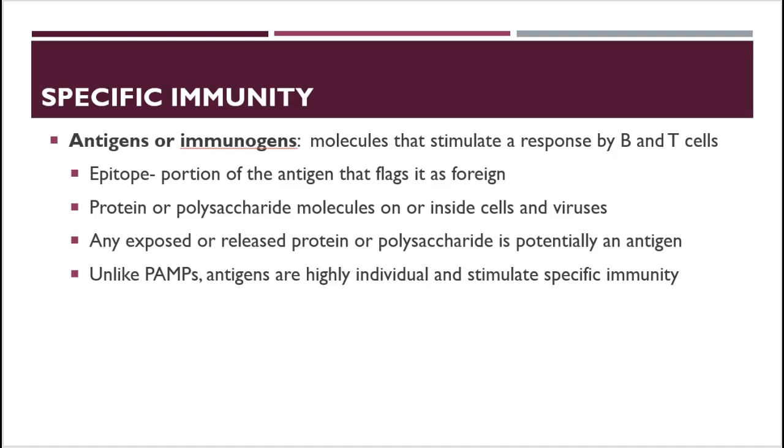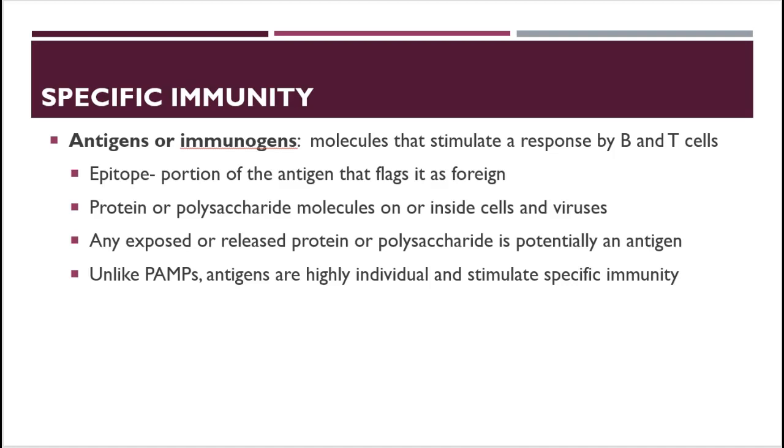When we're talking about specific immunity, we're talking about antigens, or these are also known as immunogens, and these are substances that stimulate a response by B cells and T cells. The epitope is a small portion of the antigen that actually flags that compound or substance or object as foreign.